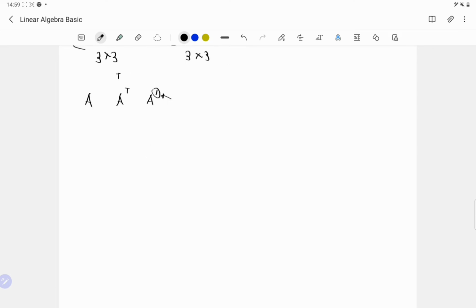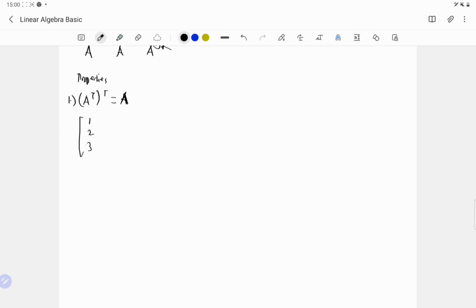The first property of matrix transpose is number 1: the transpose of A transpose is always equal to A. For example, I make it simple so it would be easier.